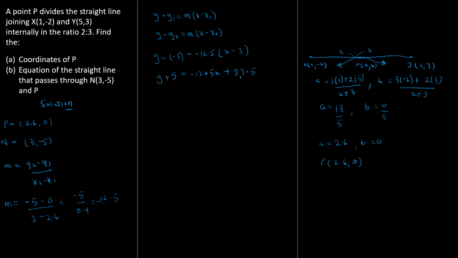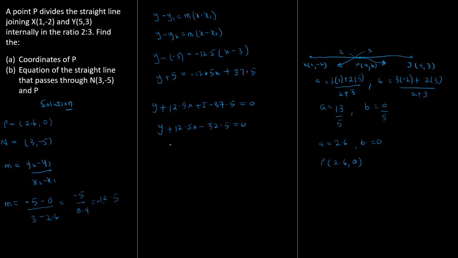From here I can push all these to this direction: y plus 12.5x, plus 5 minus 37.5 is equal to 0. So y plus 12.5x, minus 32.5 gives us 0.